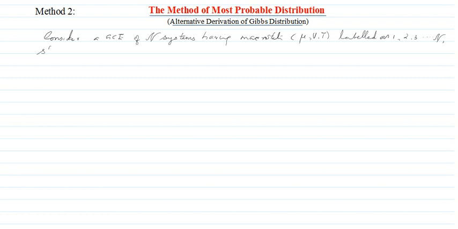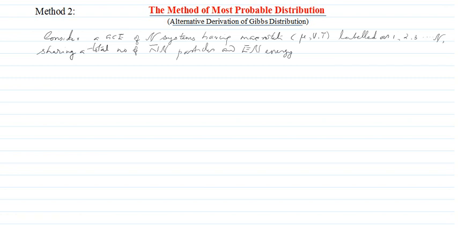So all these systems put together are sharing a total number of, so these are some basic assumptions, total number of N bar into curly N number of particles, and E bar into curly N value of energy.